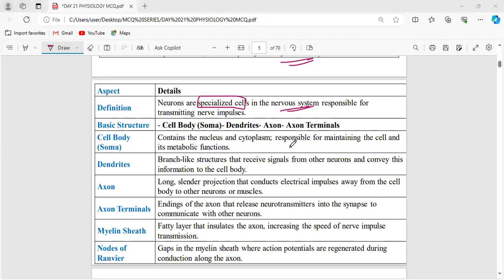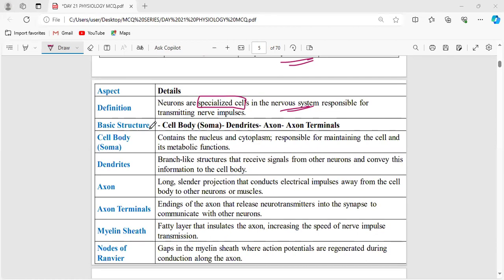That is the nephron. Then what is the specialized cell present in the liver? Hepatocytes, hepatic cells. Very good.